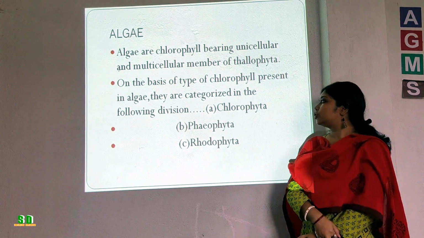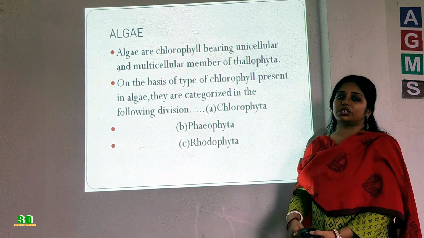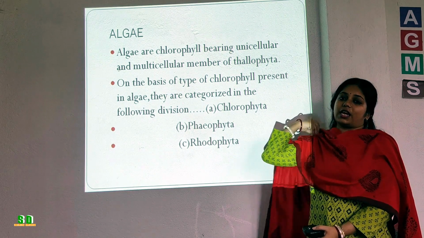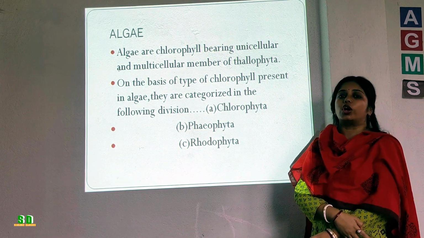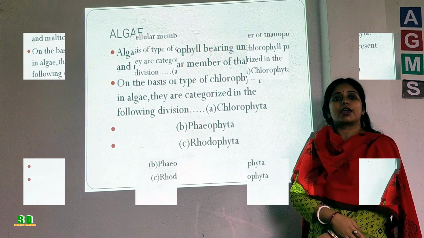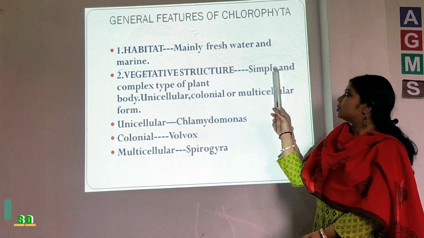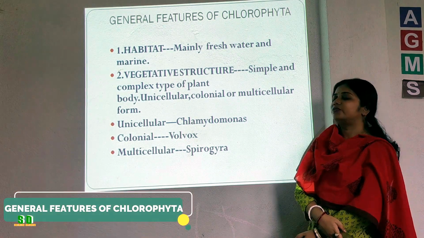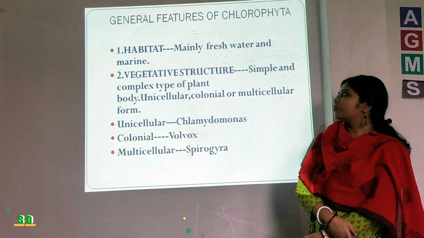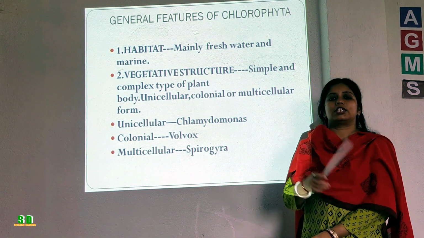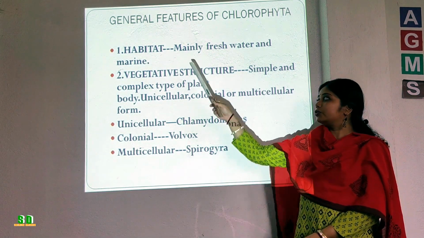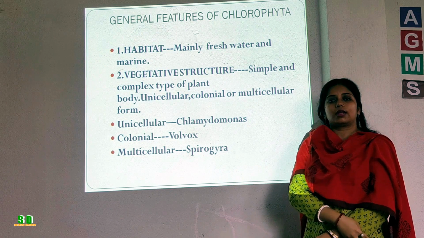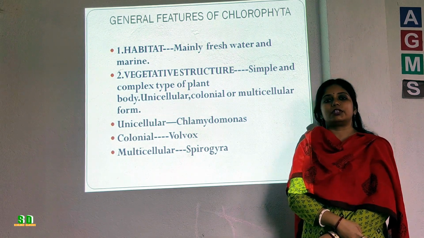Now we will talk about the division Chlorophyta, and at that time we can see more features of the different types. Here we are getting the general features of the division Chlorophyta. Whenever we study the different divisions of algae, we divide them according to some criteria or features.